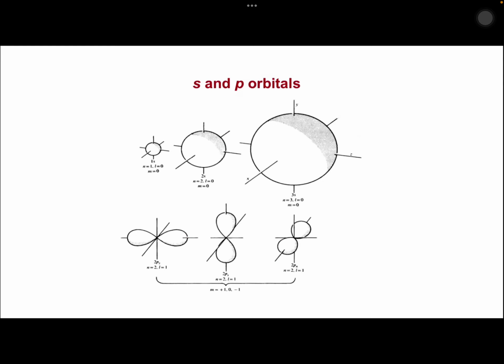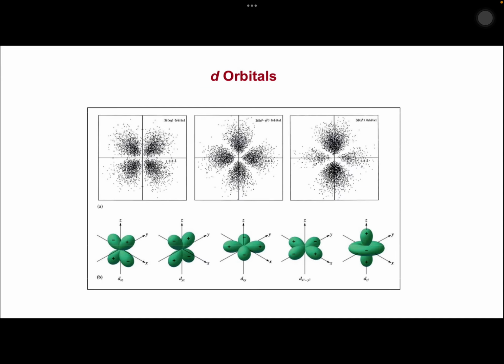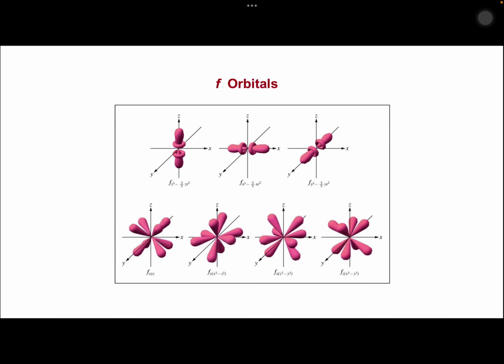These are the regions where the electron can be found in an atom.